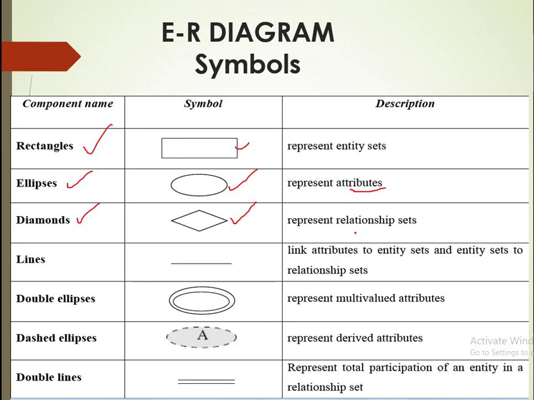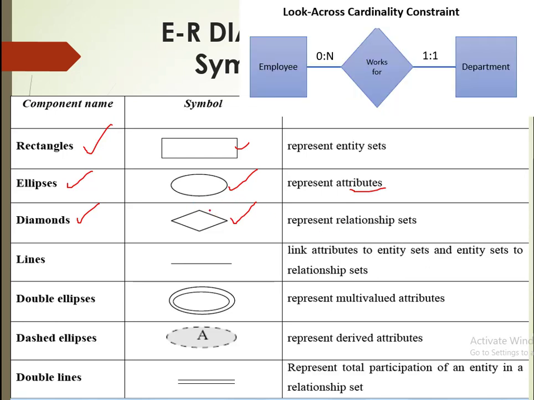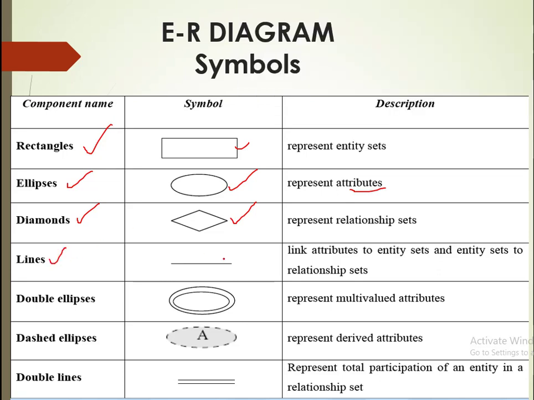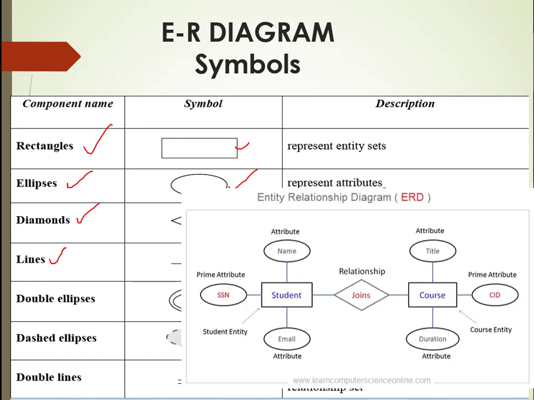Teaches is a relationship, so we are going to express that relationship using this particular symbol. Then we have the line, a straight line, which links an entity to a relationship, or links an entity to an attribute.